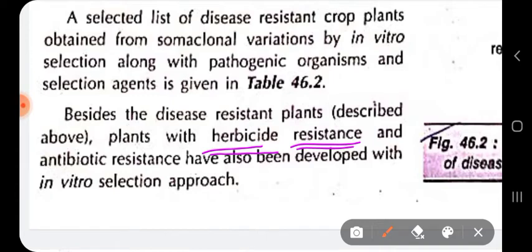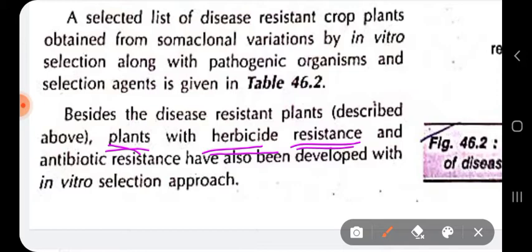So for that, we apply herbicide. Now that herbicide will not only affect the weeds but it will also affect the crop plants. For that reason, through somaclonal variation, herbicide resistant plants are also being grown nowadays.